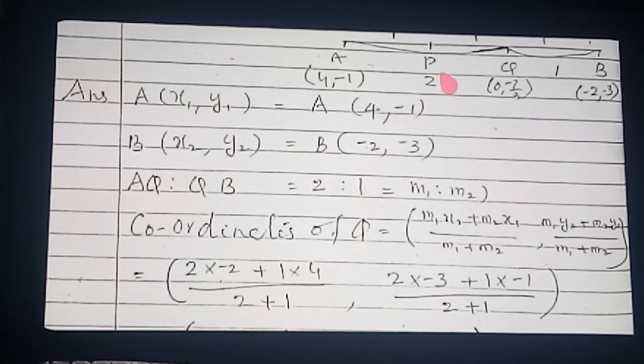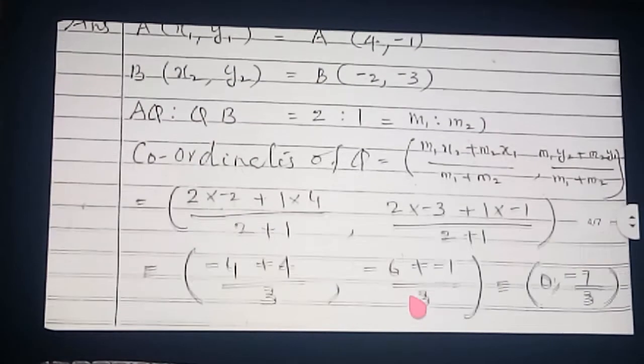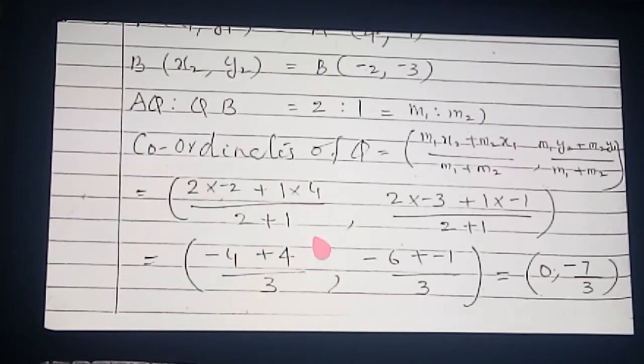Similarly, 2 into -3 plus 1 into -1, divided by 2 plus 1. See here. Then -4 plus 4 by 3, and -6 minus 1 by 3. That means (0, -7/3). So you got the coordinates of Q now.